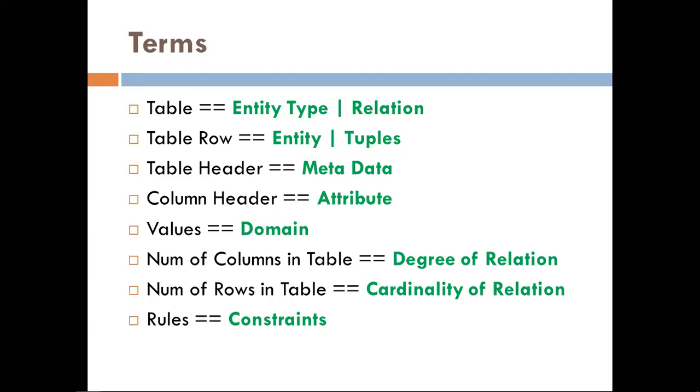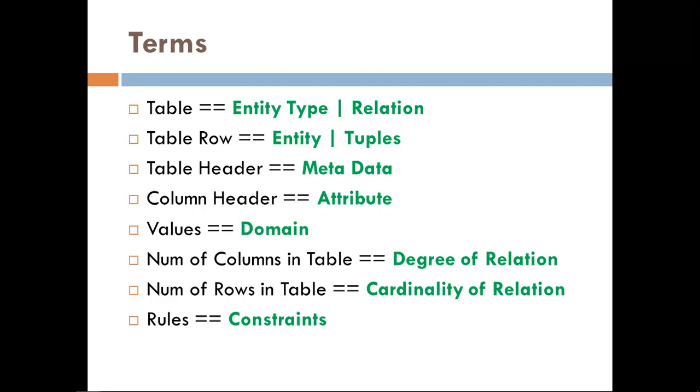The table header is metadata. The column header is an attribute. The values that we store inside the table have a data type and a range of values from which we can choose. That is called the domain.